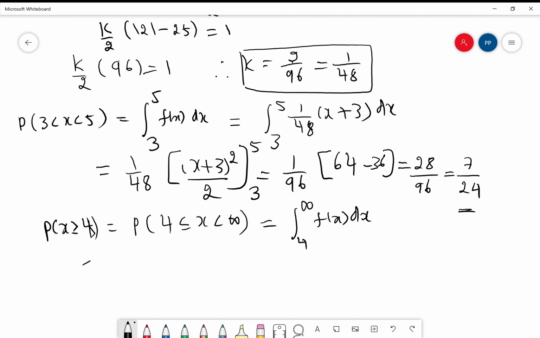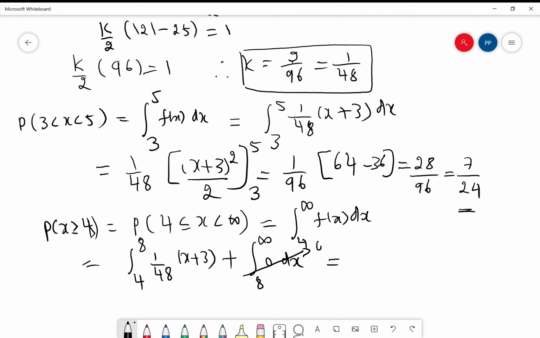Now you have to split the integral, because the function is defined from minus infinity to 2, 2 to 8, 8 to infinity. You split the integral as 4 to 8, where the value of the function is k, that is 1 by 48 into x plus 3. And next is integral 8 to infinity. The value of the function is 0 there. So the second integral becomes 0.